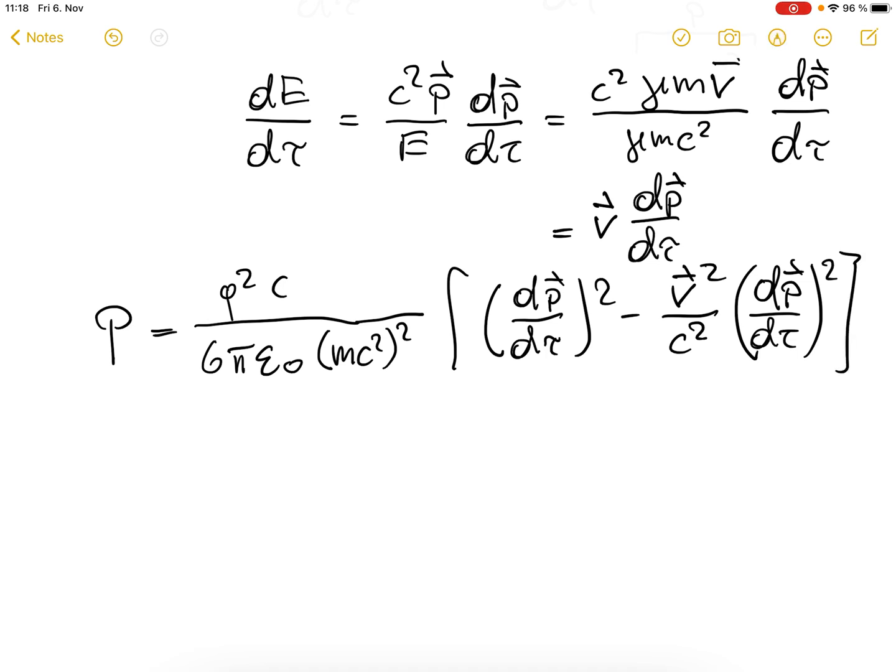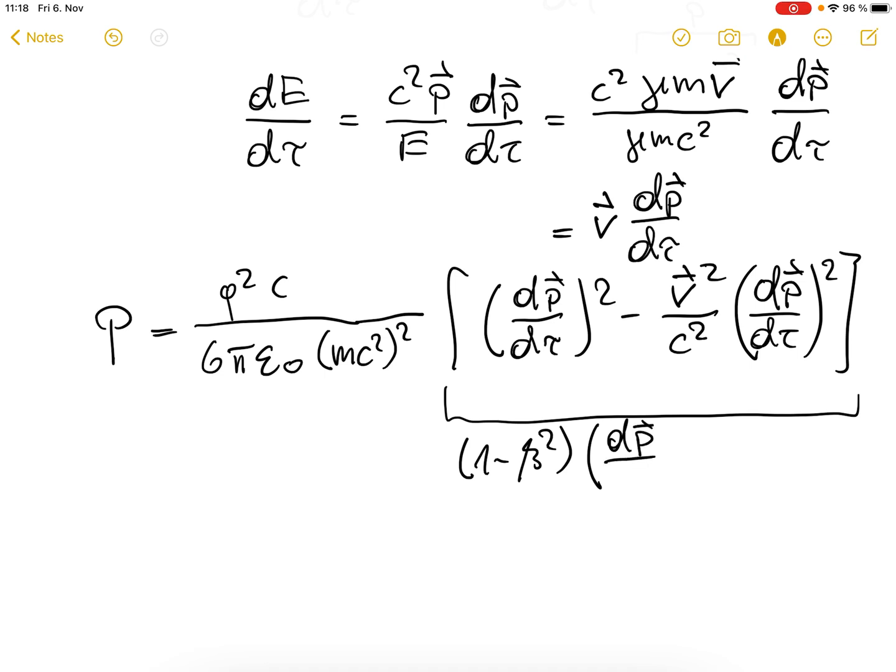And this last parenthesis becomes 1 minus beta squared times dp with respect to d tau squared. But this 1 minus beta squared is just the 1 over gamma squared.